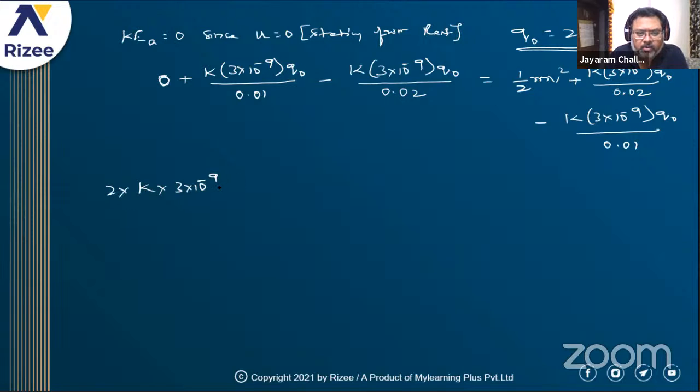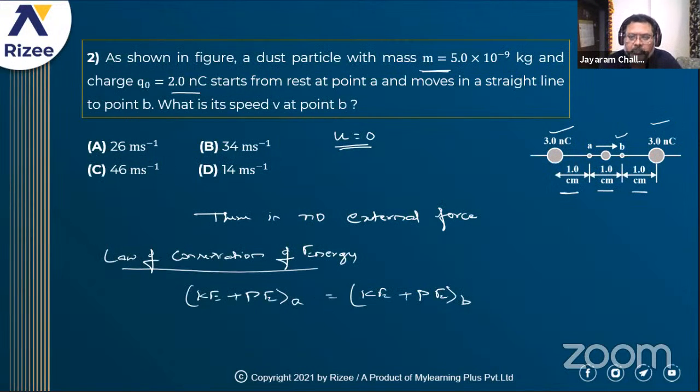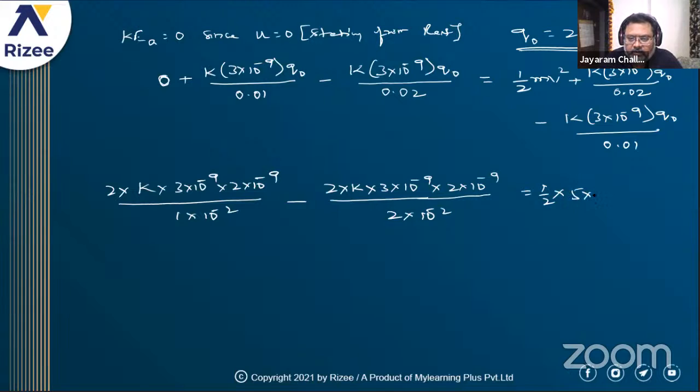So 2 also I'll include over here, into Q naught is 2 into 10 to the power of minus 9, by denominator 1 into 10 to the power of minus 2, minus K into 3 into 10 to the power of minus 9 into Q naught is 2 into 10 to the power of minus 9 by this distance 2 into 10 to the power of minus 2, is equal to half into mass of the charge, he has given 5 into 10 to the power of minus 9, into V square.